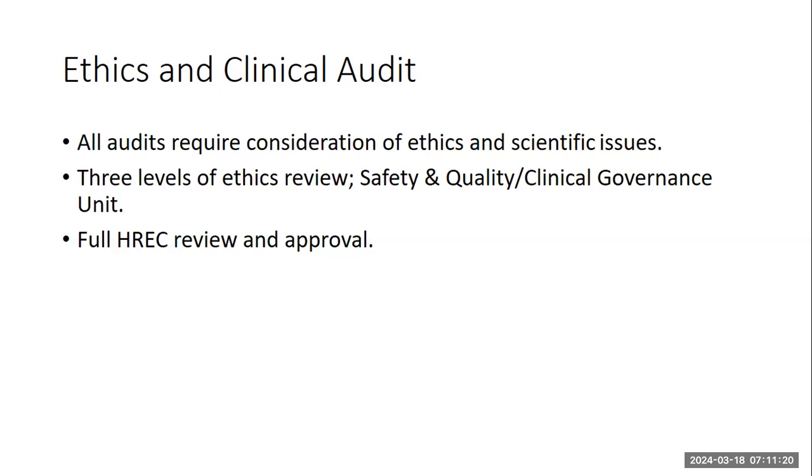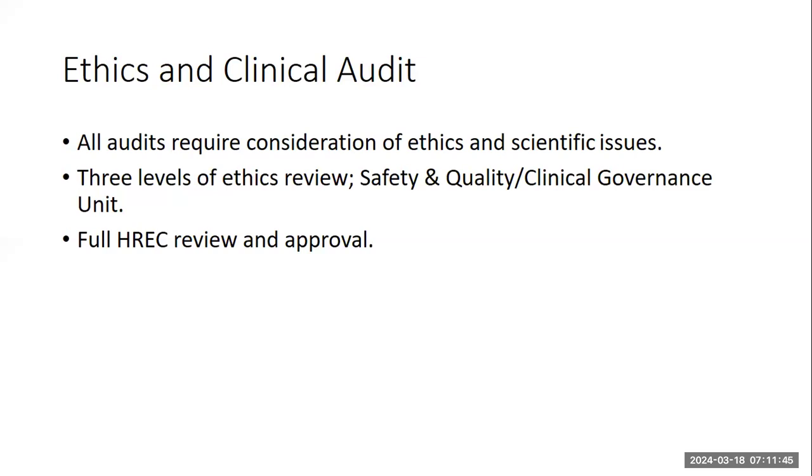Ethics issues in clinical audits. All audits may require consideration of ethics and scientific issues. There are 3 levels of ethics review: the safety and quality, and then the clinical governance unit may be involved, and then full health research ethics committee review, where the committee may need to review the proposal.